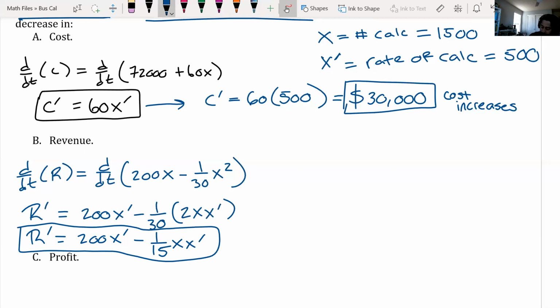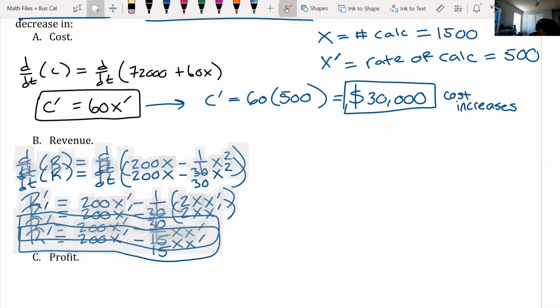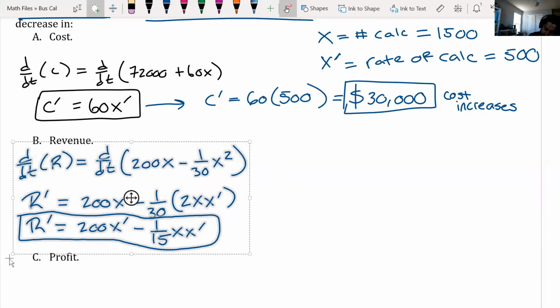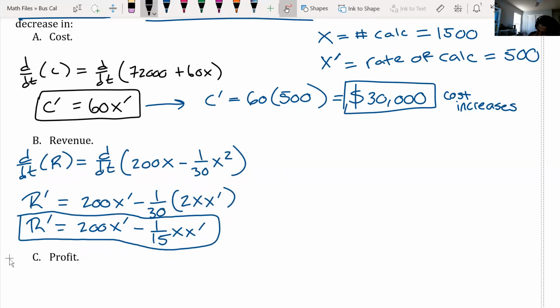Okay. And there's our implicit derivative of the revenue function with respect to time. Okay. Now, let's go ahead and evaluate it by plugging in x and x prime.